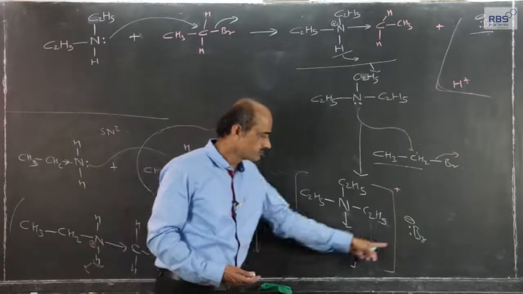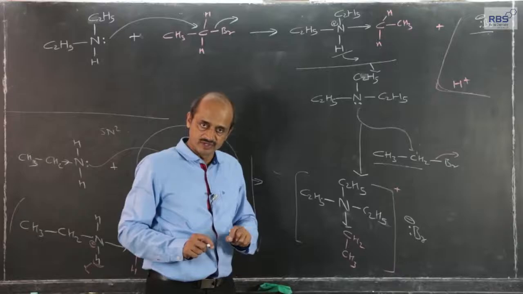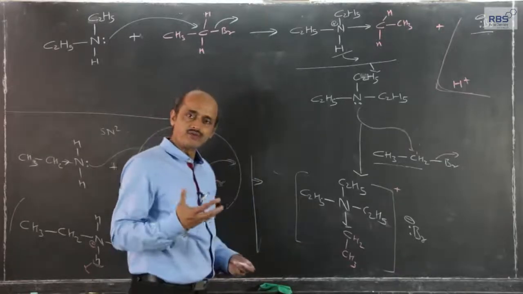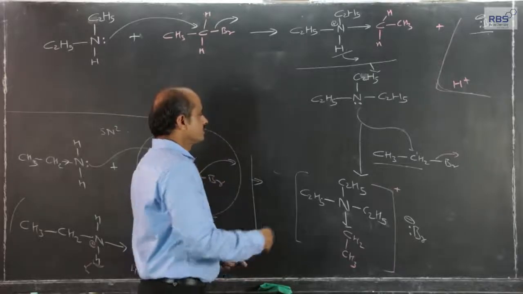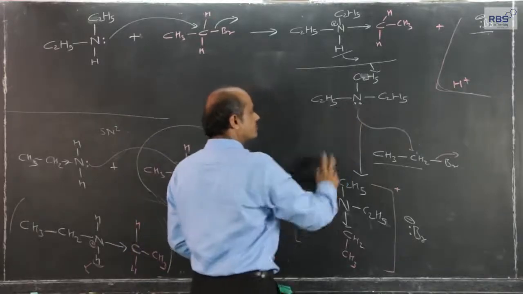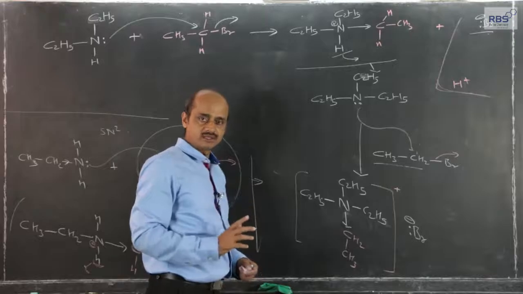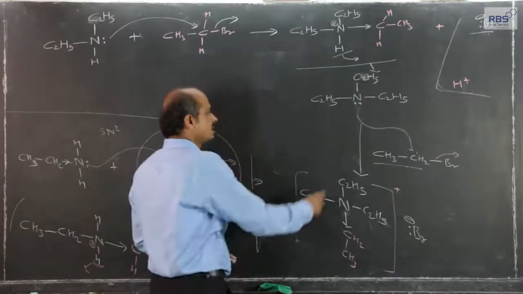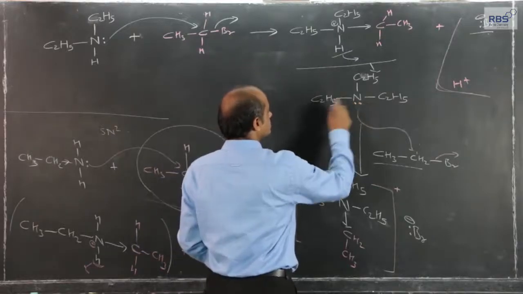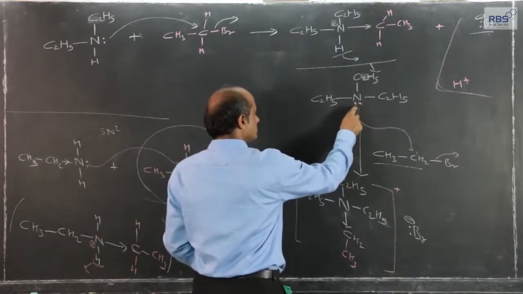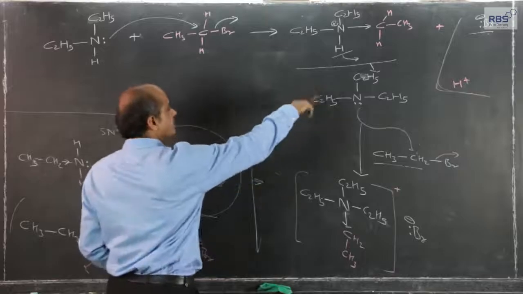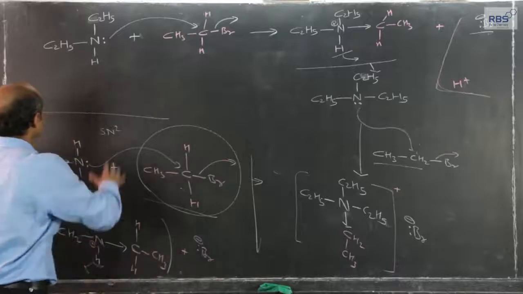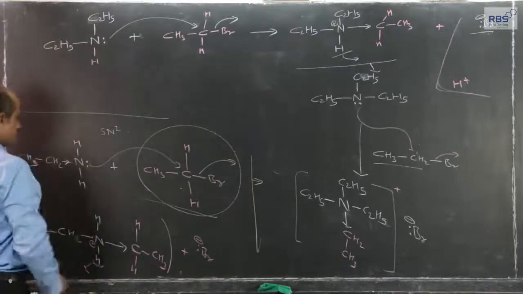Now, this quaternary ammonium salt does not fit into the definition of amines, because for the properties of amines, the functional group, the lone pair of electrons present on nitrogen, is the requirement. Reactions and properties of amines are because of the lone pair of electrons present on nitrogen. Although this is a tertiary amine, because all the hydrogen atoms of ammonia, the parent compound, are replaced by alkyl groups, and this is a secondary amine, the lone pair is present.